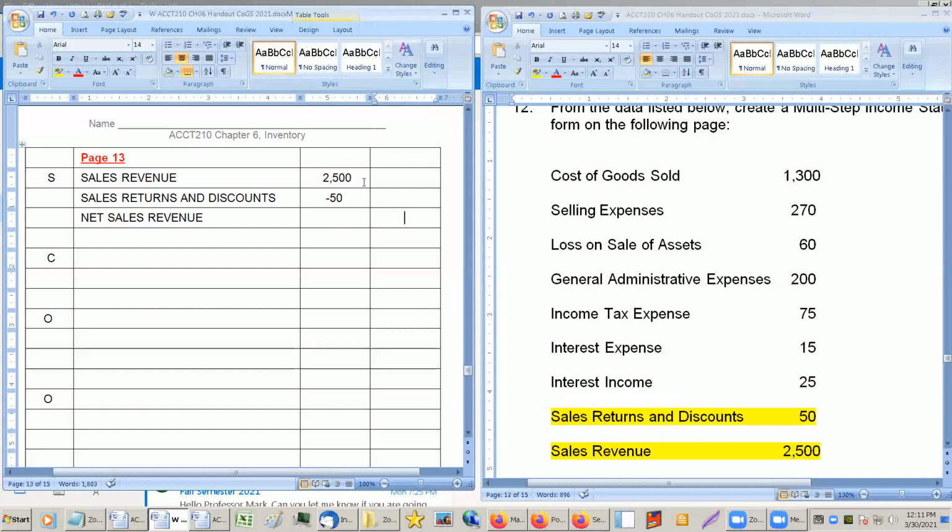Okay, so it would be 2,450. These are really the sales that we had. Net sales or net revenue.